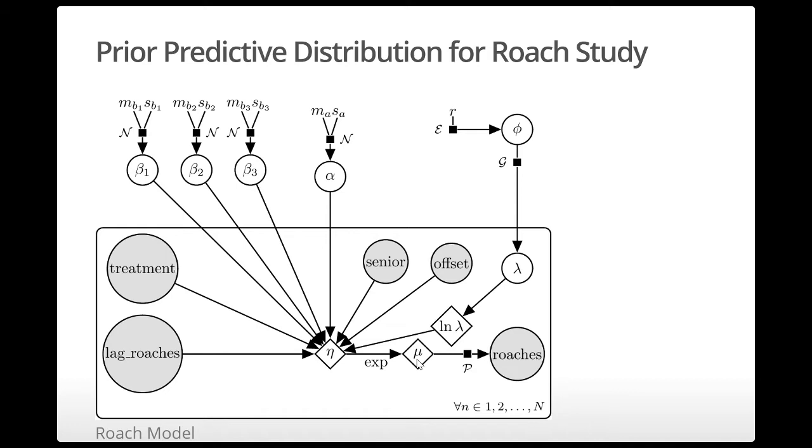Okay. So what's going on with all this on the right side here? Oh, and maybe I should explain more the offset. So the offset is constrained to have a coefficient of 1. And so it just goes in deterministically into the linear predictor.